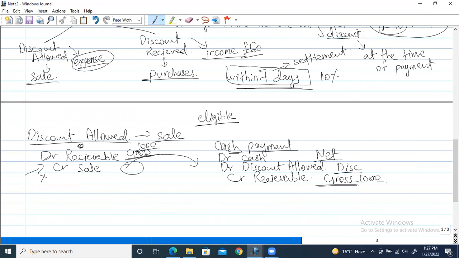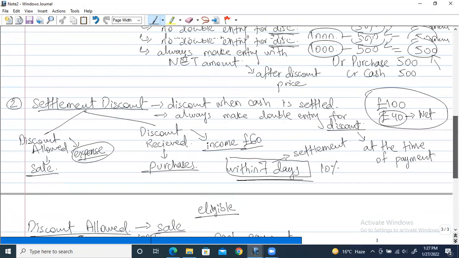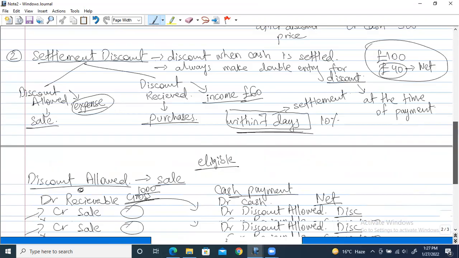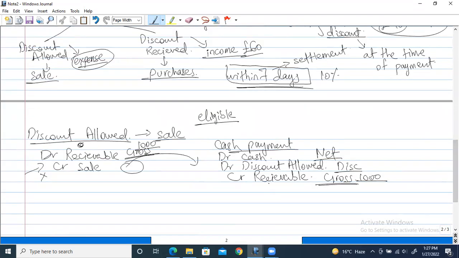Okay, so this is the treatment that we're doing. You can see over here, gross, discount, and net. So receivable will always be credited with the gross amount, always remember. Discount allowed will be written as the discount, and cash will receive net, right? Obviously we'll receive 500, not 1000, because we gave a 50% discount, right? So that's why cash will always be written as the net amount. All right, so this is the treatment.